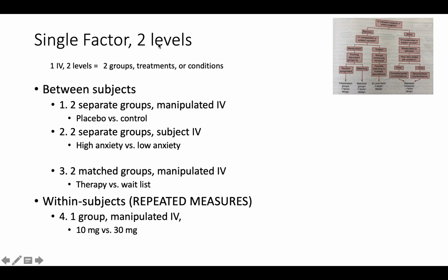So in a single factor 2-level design, that means there's one independent variable. Single factor and independent variable are synonymous. So single factor, one IV with 2 levels. That means 2 groups or conditions or amounts of the independent variable. That gives us 2 groups or treatments or conditions.